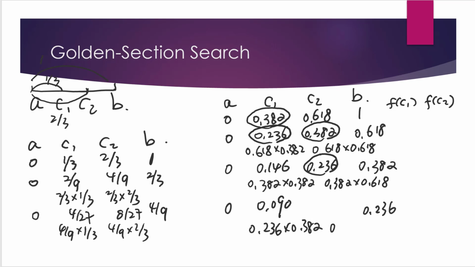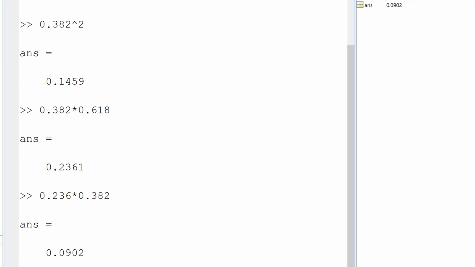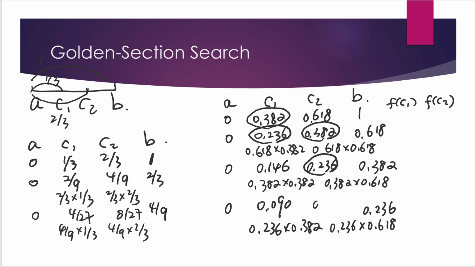And this point will be 0.236 times 0.618, which will be 0.146.